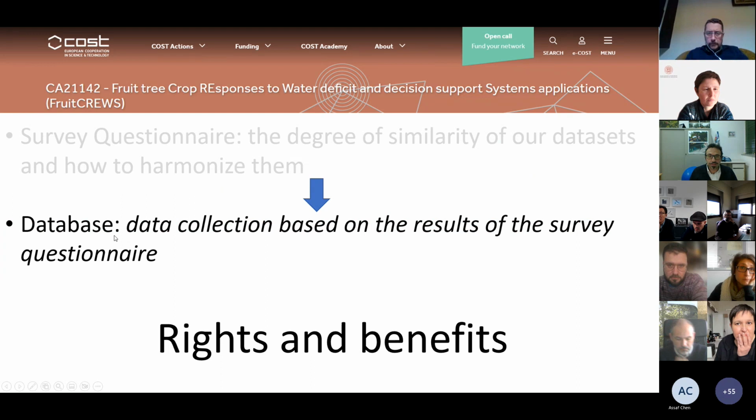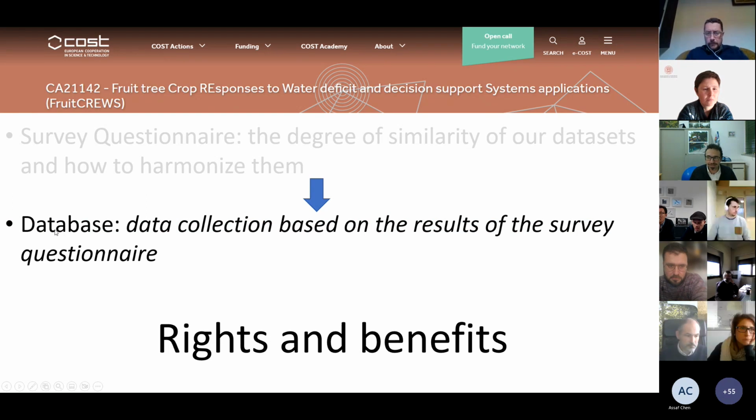Okay, another point, for the database. At the end of the survey, we will have a data collection based on the results of the survey questionnaire, and then the database. So when we consider the database, we must also discuss rights and benefits, because the data belongs to us and so on.